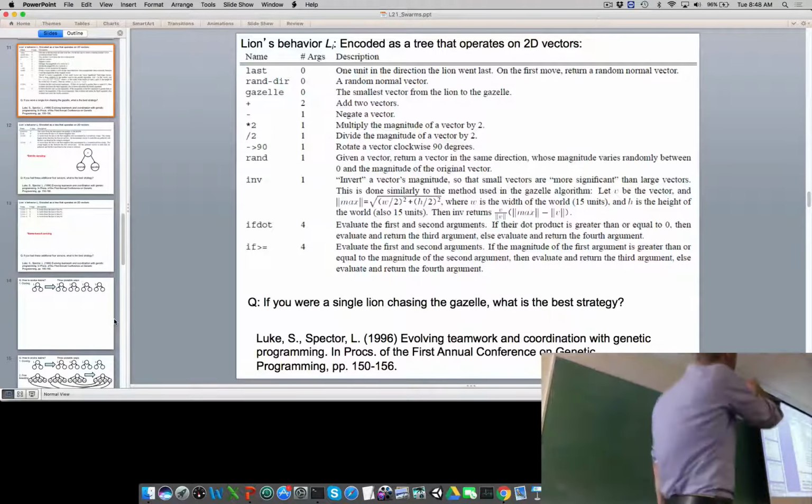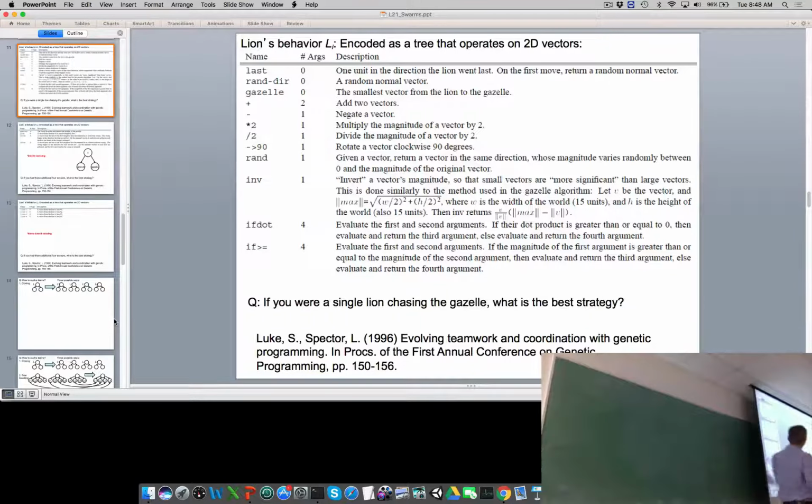So a lion that always moves 1 unit length vector in the direction of the gazelle, how well is it going to do at catching the gazelle? Not very well, right? Because it moves 3 times more slowly. If we took our 4 lions and we each gave them this 1 node tree, how well would those 4 lions do at catching the gazelle?